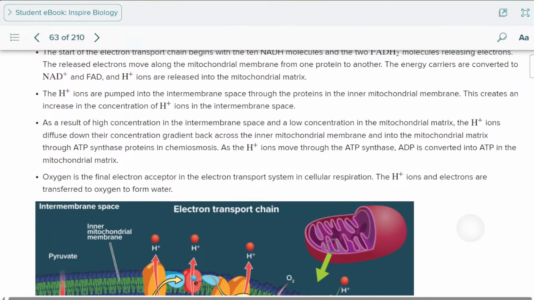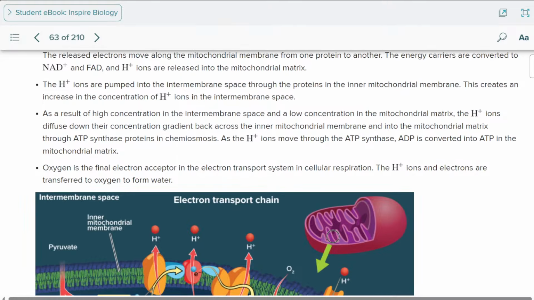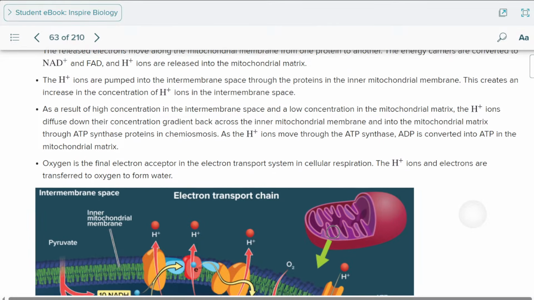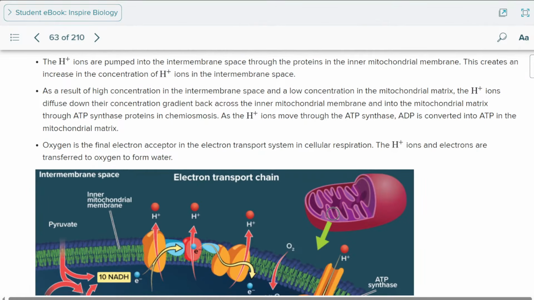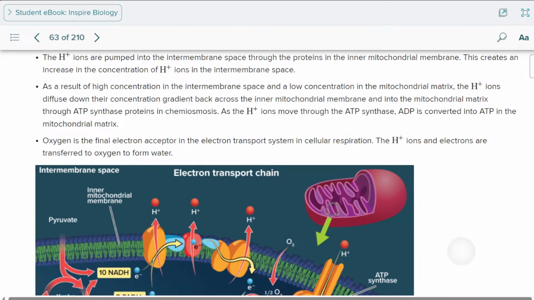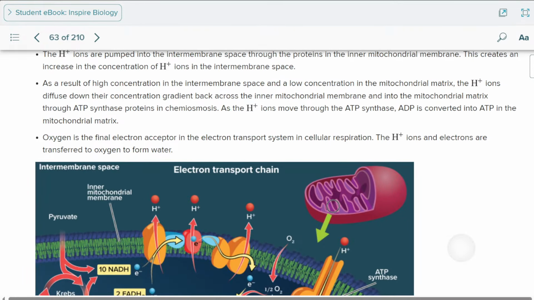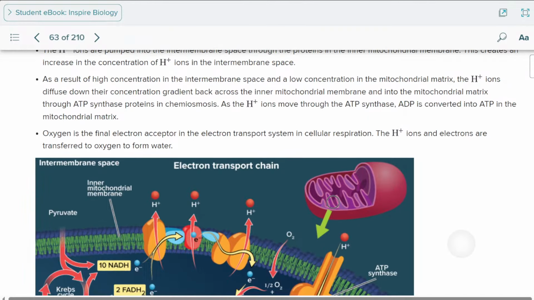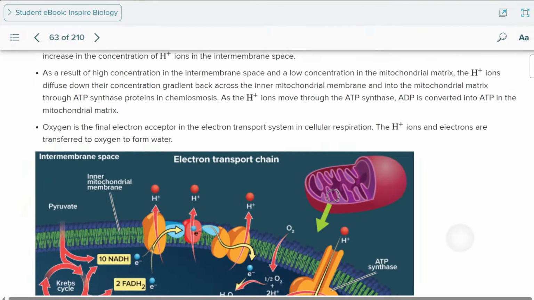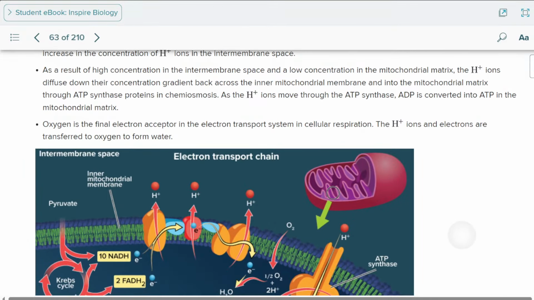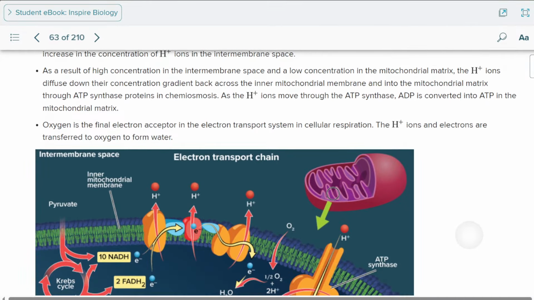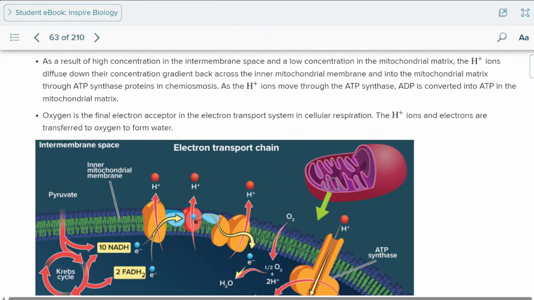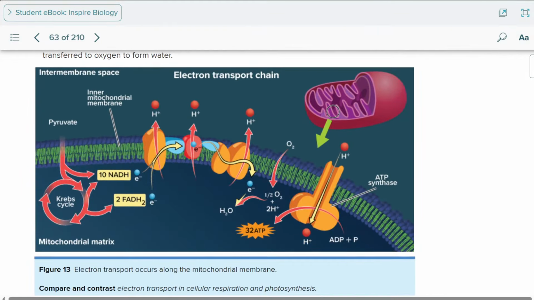The energy carriers are converted to NAD plus and FAD, and H plus ions are released into the mitochondrial matrix. By the way, the H plus ions are pumped into the intermembrane space through the proteins in the inner mitochondrial membrane. This creates an increase in the concentration of H plus ions in the intermembrane space. Here's the inner membrane.